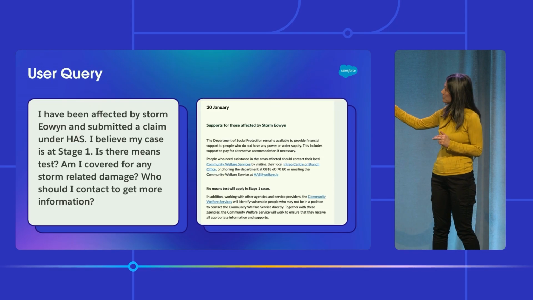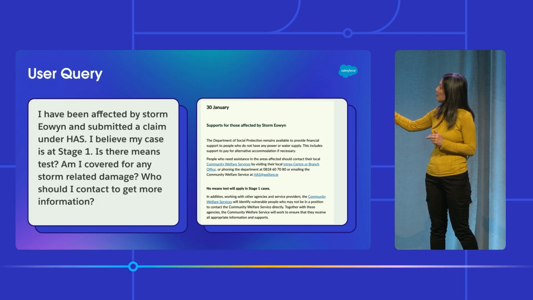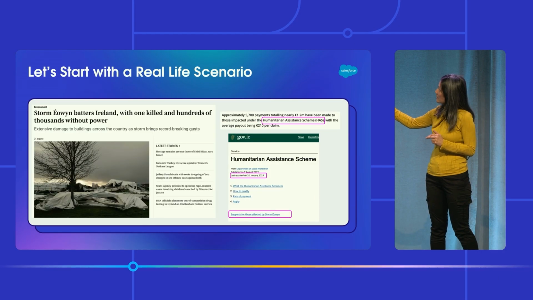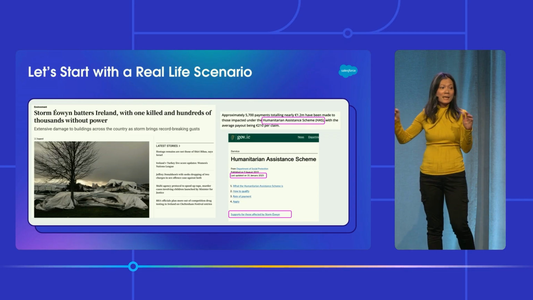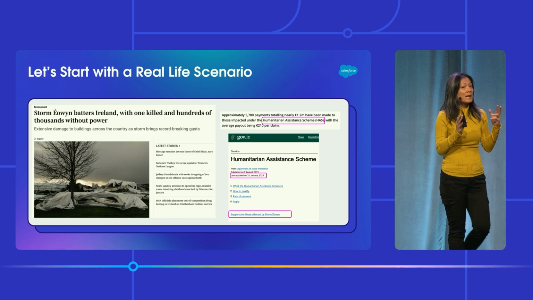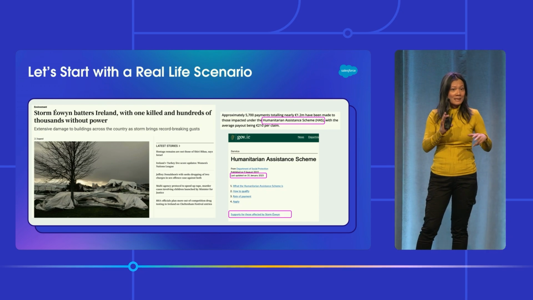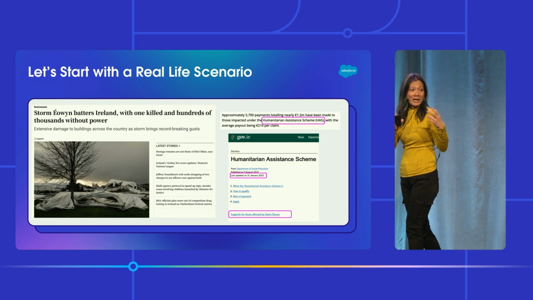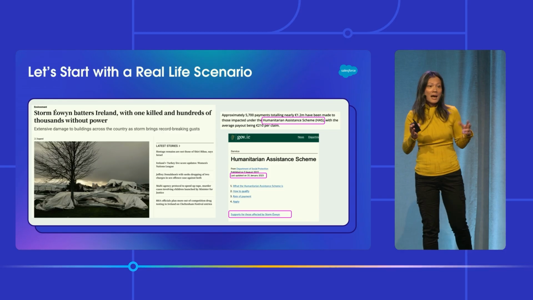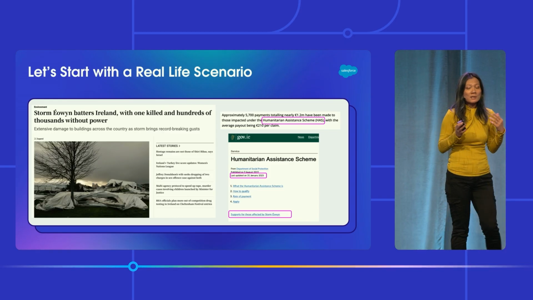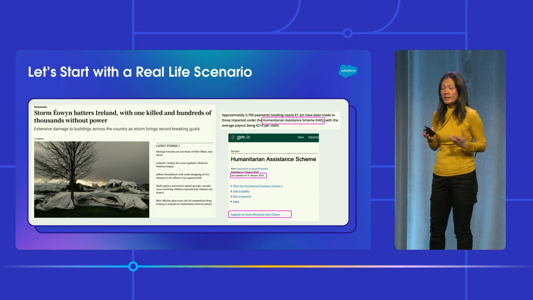Hopefully you can see, oops, didn't mean to do that. You can see this humanitarian assistance scheme has, right? So these are things where vector search is not terribly good at because there's no meaning to it. It's HAS, it's an acronym, right? And it's Owen, it's a name. So this is where keyword search really shines.